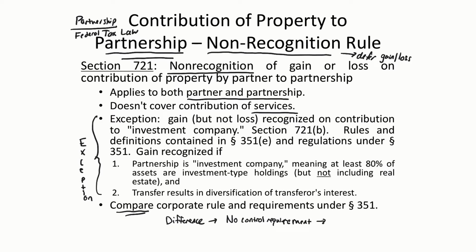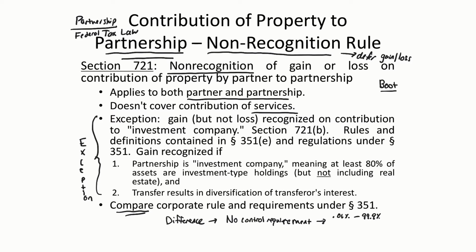So that means if you get 0.01% ownership to 99.9%, and again, you can't have 100% because it's a partnership, you have to have two or more owners. No gain or loss recognized if you're transferring property and you receive an interest of 0.01% to 99.9%. Okay? No control requirement.